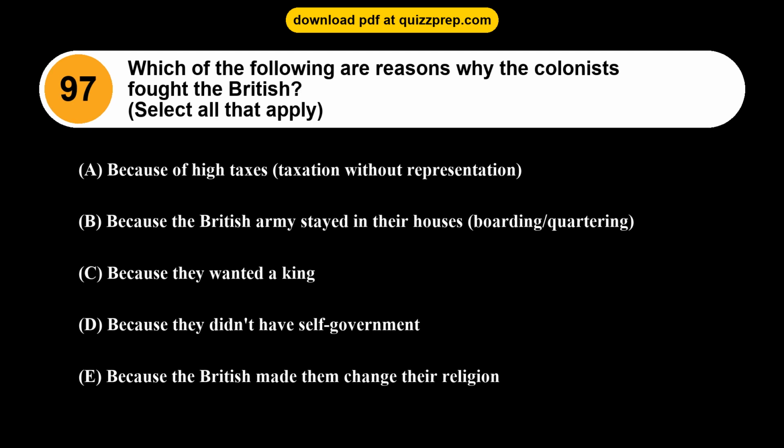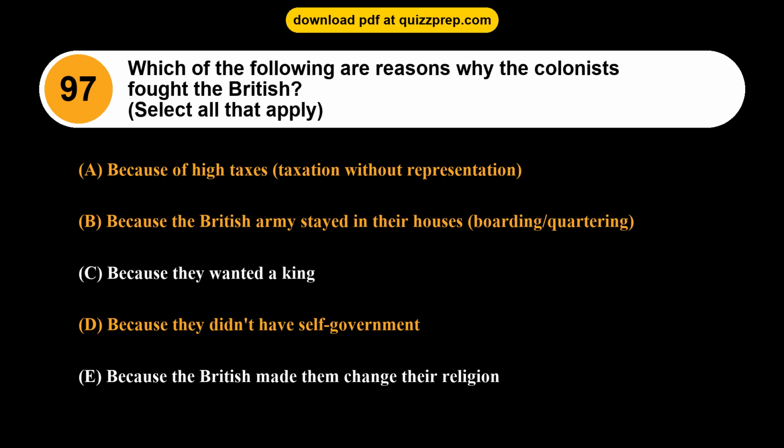Question 97. Which of the following are reasons why the colonists fought the British? Option A, because of high taxes, taxation without representation. Option B, because the British Army stayed in their houses, boarding/quartering. Option C, because they wanted a king. Option D, because they didn't have self-government. Option E, because the British made them change their religion.